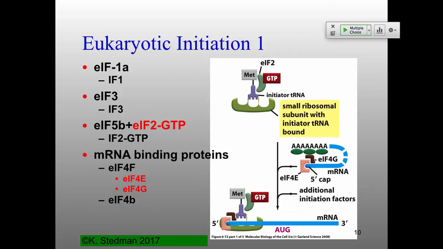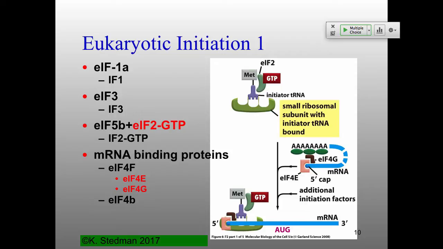So little e IF2, little e IF1, little e IF3, etc. And conveniently, EIF1, there are a bunch of different ones, EIF1A, has a very similar activity to IF1. What's IF1's activity? Blocking the A site. IF3's activity? Blocking the large subunit of the ribosome.